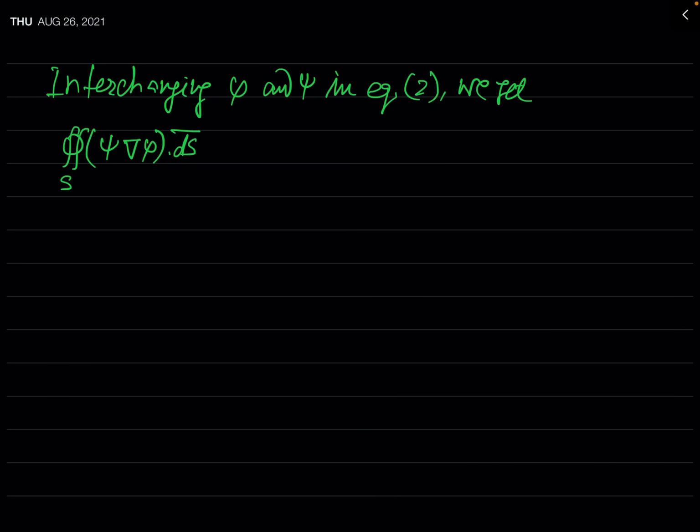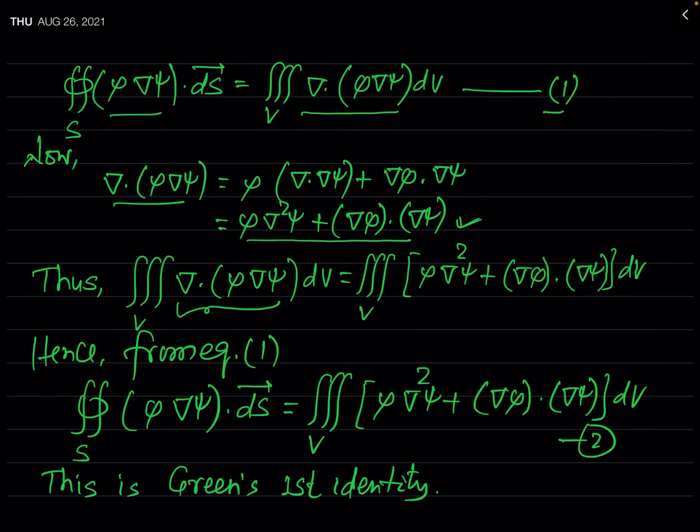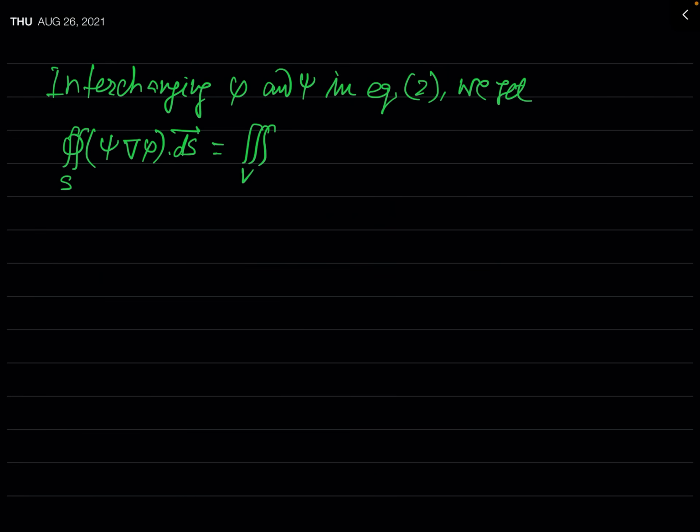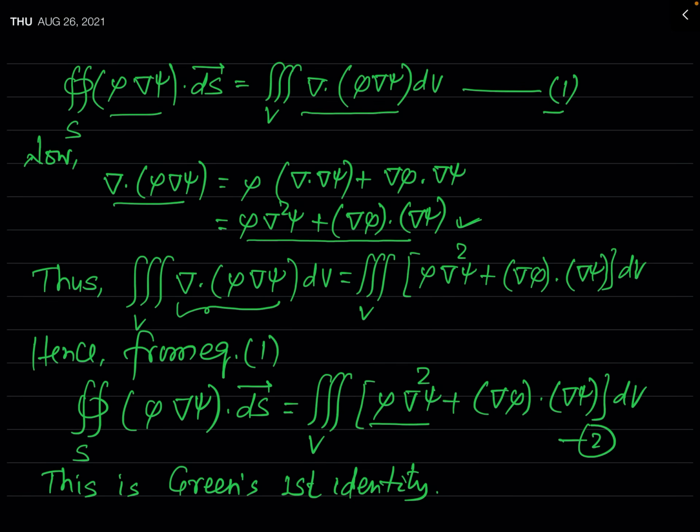And see the RHS. In RHS there is volume integral over the volume V, and the terms are phi del 2 psi. So phi and psi will be interchanged, so this will be psi del 2 phi, plus there is del phi dot del psi, so this will be del psi dot del phi.